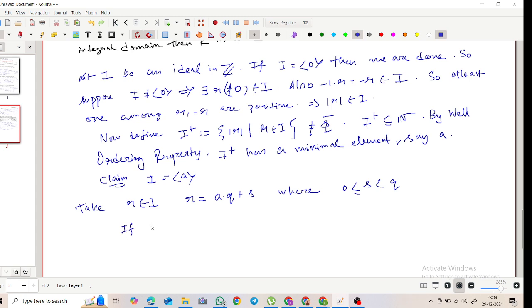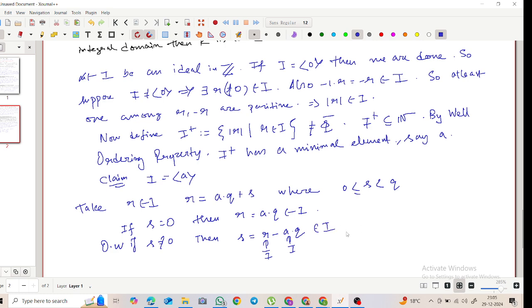If s is 0, then r is equal to aq, which belongs to I. Otherwise, if s is not equal to 0, then s equals r minus aq. Now see, this is in I and this is in I, which implies s is in I.